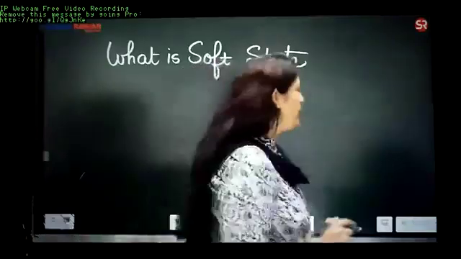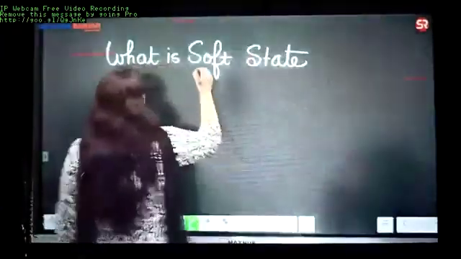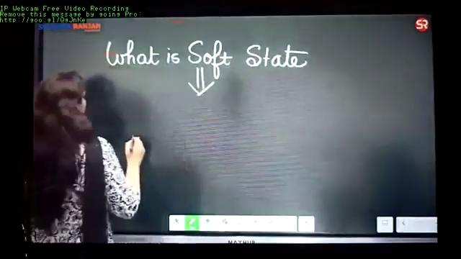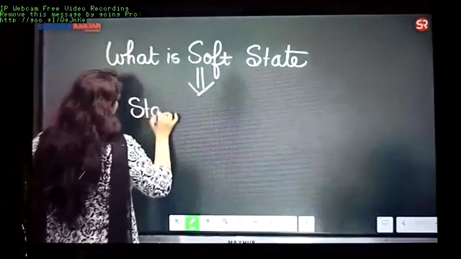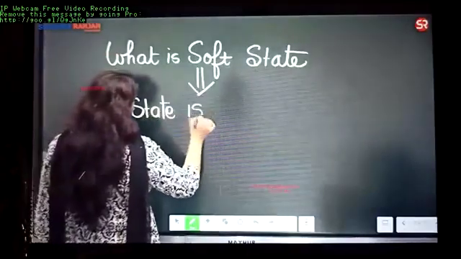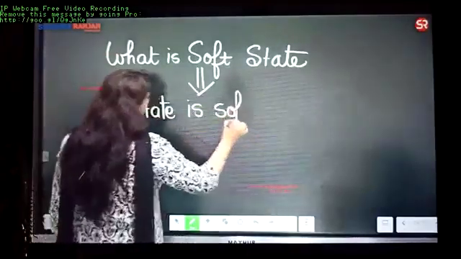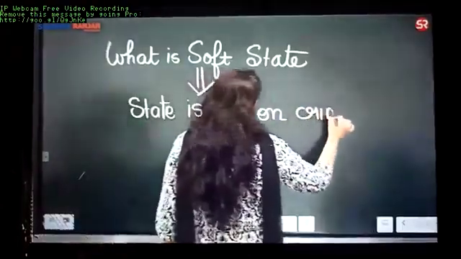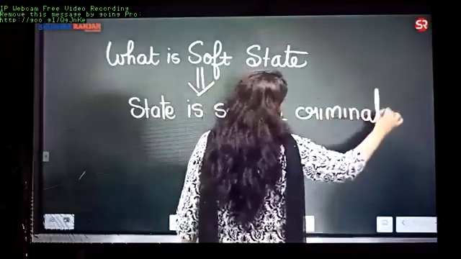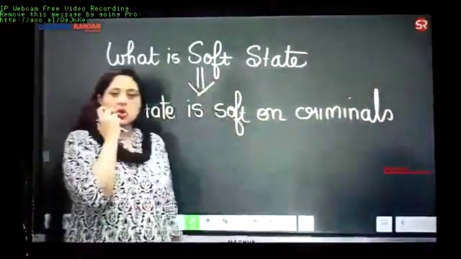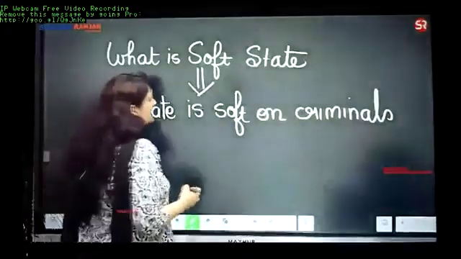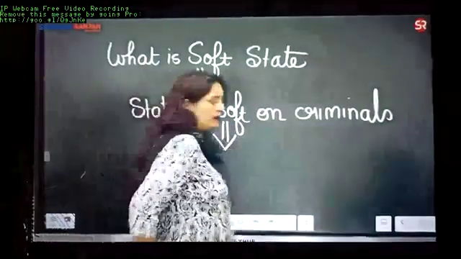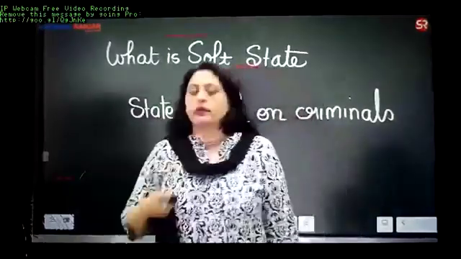So the soft state means the state is soft on criminals. If the state is soft on criminals, means criminals will not be punished. The state will not be punishing the criminals.